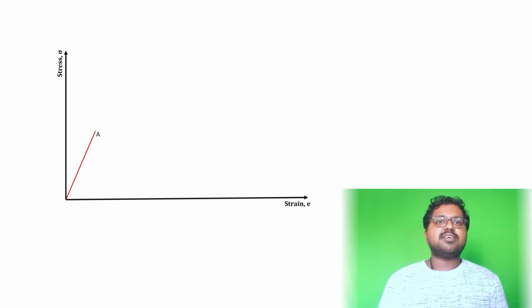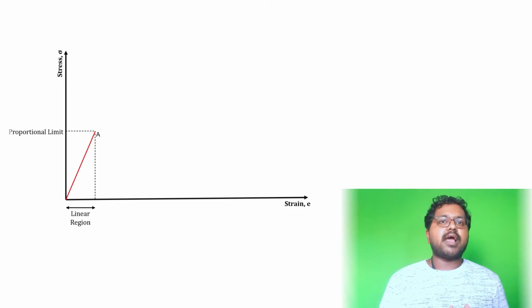Here, the stress is directly proportional to strain. The region from 0 to A is known as the linear region, and the point A is marked as the limit of proportionality or proportionality limit. If we calculate the slope of this line, it will give the value of elastic modulus or Young's modulus.